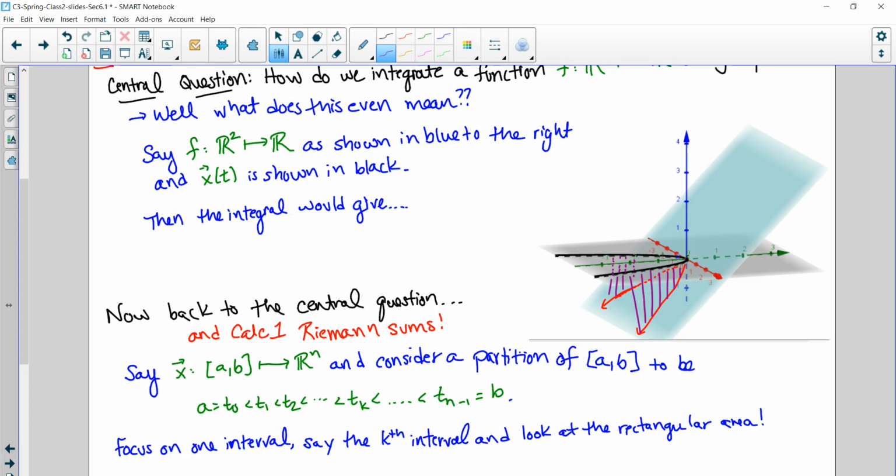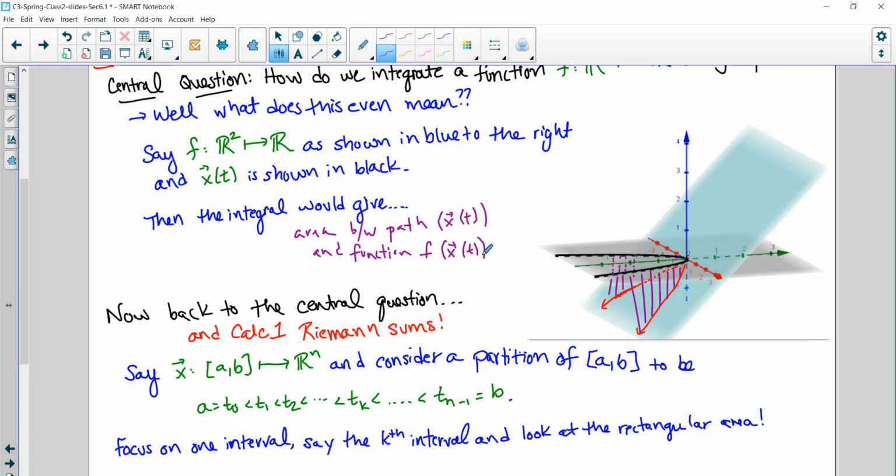If you want to write that down, we'll capture that here quickly: between the path, which is x of t, and the function, and I'm going to say this is f of x of t. So I guess it would be the function when restricted to the path.